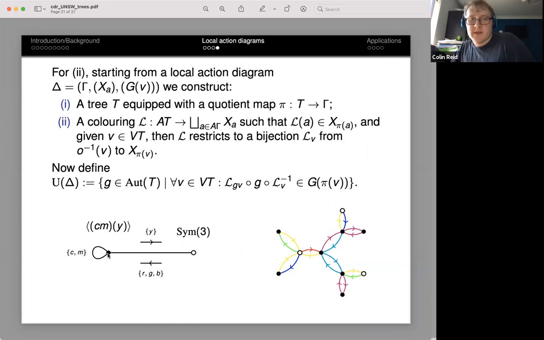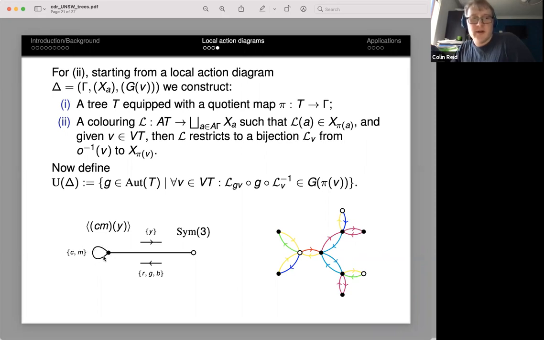And if we look at a black vertex, so the local action here is that you can flip CM, but you have to fix Y. And then we've got 2 arcs coming out. One of them is CM, and this arc is equal to its own reverse.